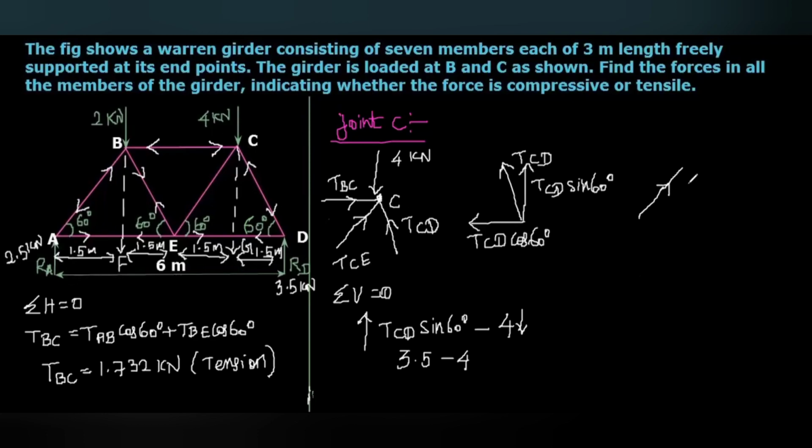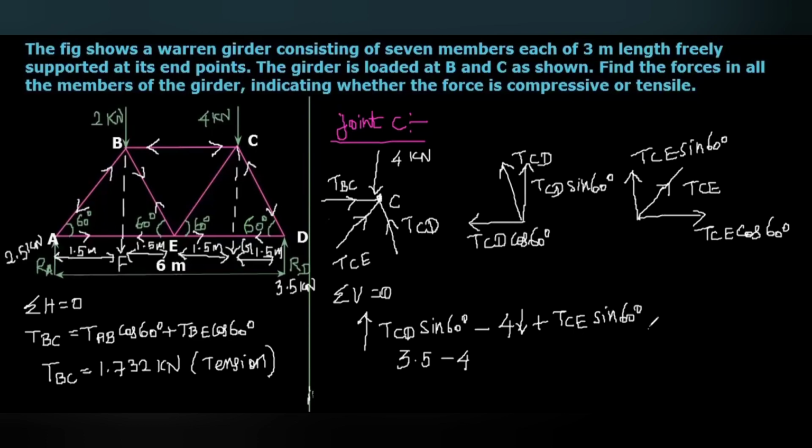then that means the TCE, if it act in first quadrant, the TCE cos 60°, that will act towards right side. TCE sine 60°, that will act exactly upward. Okay. So if you put that TCE sine 60°, the upward force as plus TCE sine 60°, it's an upward force that equal to 0.